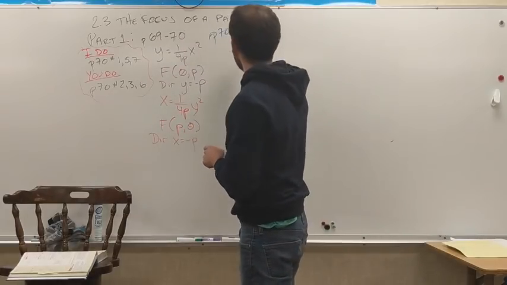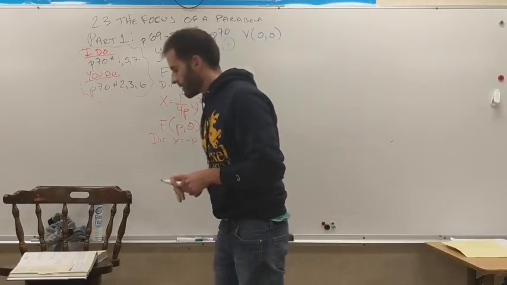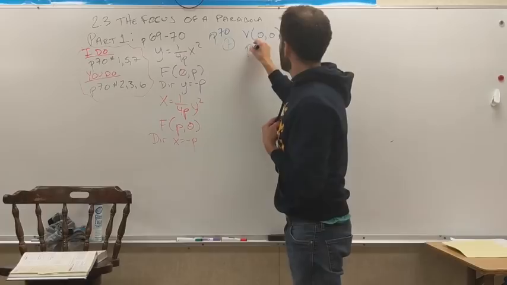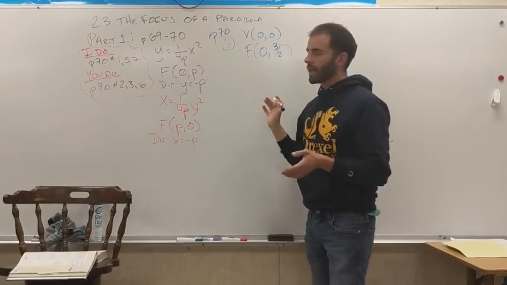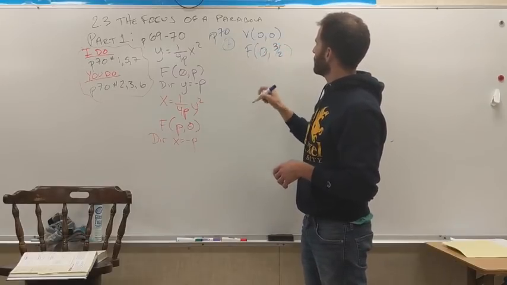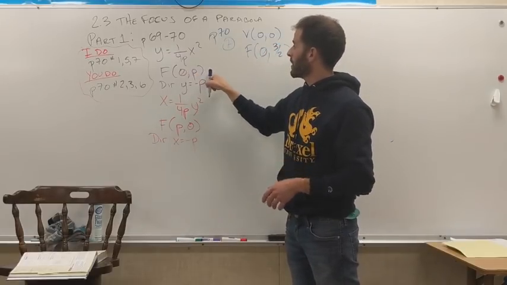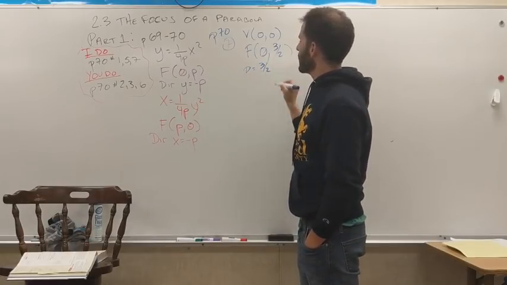Okay, so number 7, same vertex, but the focus is the information that we have. It's 0, 3 halves. All right, again, be a detective. I have a focus of 0, something. Sorry, 0. So, well, it's this one right here. 0, 3 halves, which means my p is 3 halves.